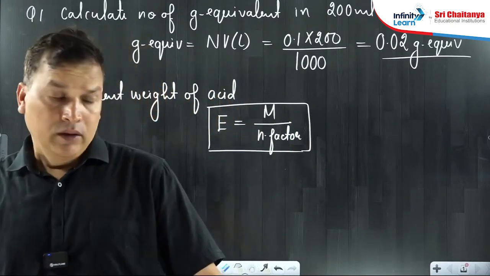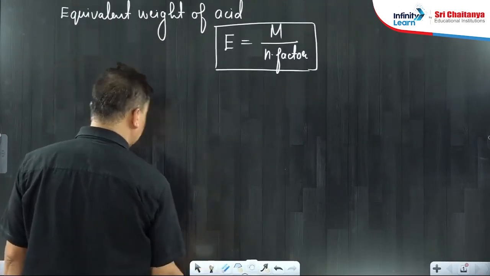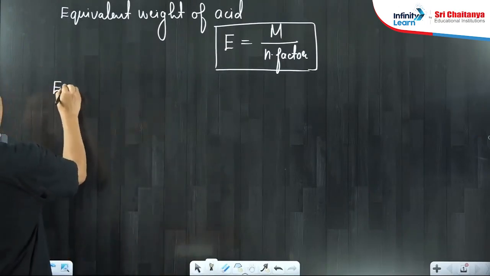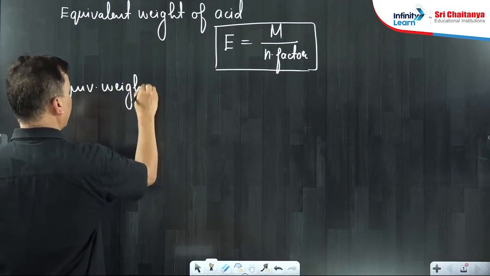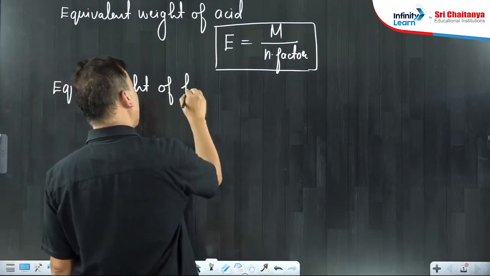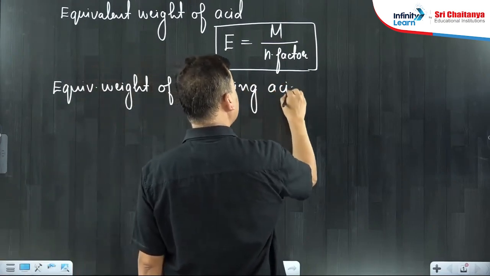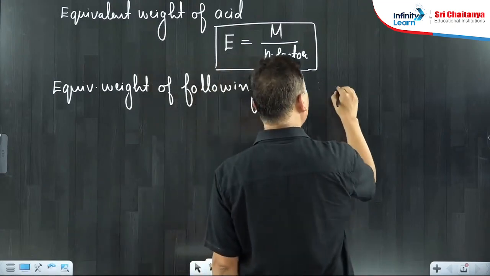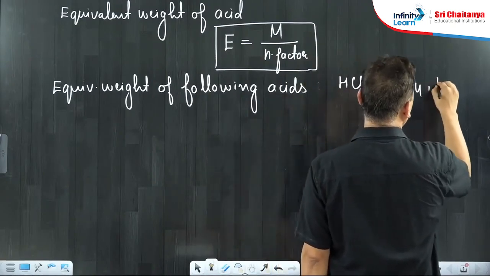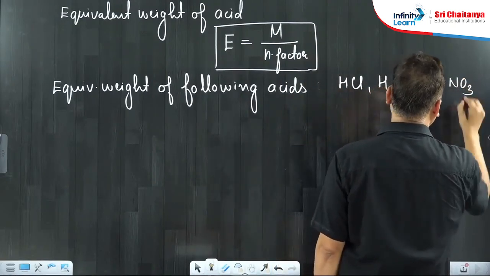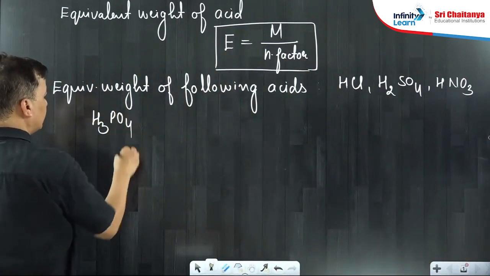Okay. So for example, if we have to calculate the equivalent weight of the following acids, I am writing a few acids: HCl, H2SO4, nitric acid HNO3, and phosphoric acid H3PO4.